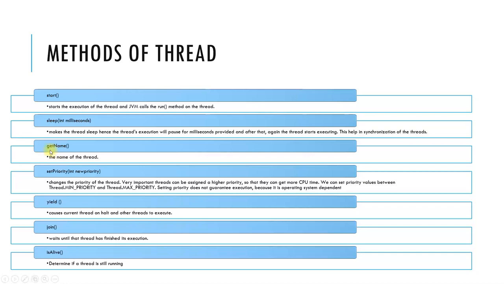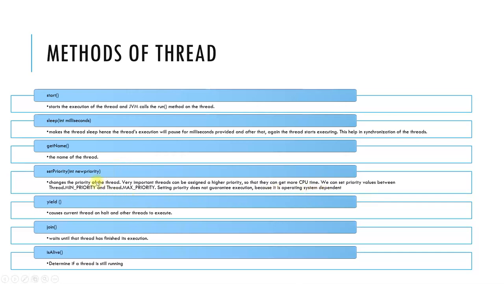Also, we can get the name of the thread and set the name of the thread. We can set priority and get priority of the thread. The priority will be taken into account, but it will not guarantee execution because it depends on the operating system.